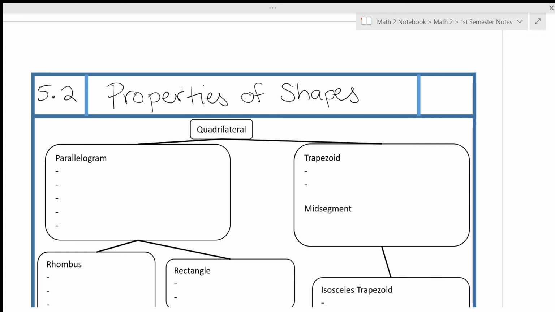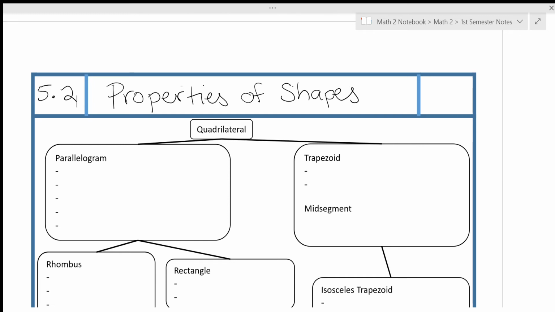All right, guys, here are our 5.2 notes, and we are going to talk about some properties of shapes here, specifically looking at quadrilaterals. So we talked in 5.1, we did some polygon angle sums. Polygons are many sides where we can have 20-sided shapes even, or 6-sided hexagons, or 5-sided pentagons.